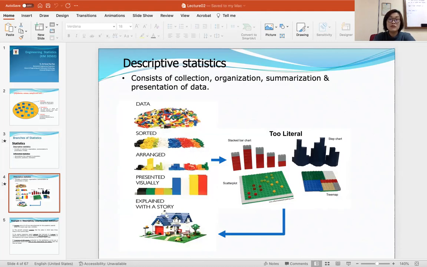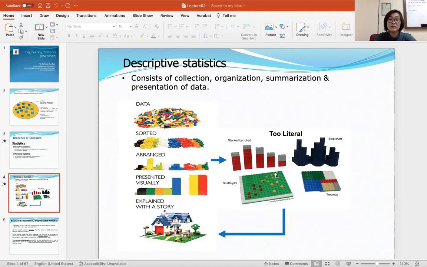Okay, imagine we have some Lego that a lot of children like, so we have a bunch of data. We mix all the Lego together and we sort it out, which is collecting the data. We sort it out and that's called organizing, and we arrange it. By arranging it, we can see which color has the highest count and which has the lowest.